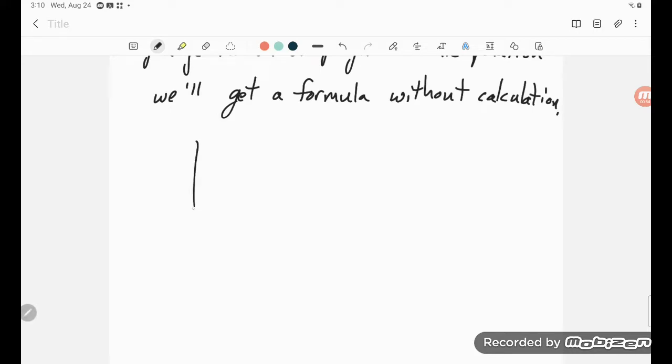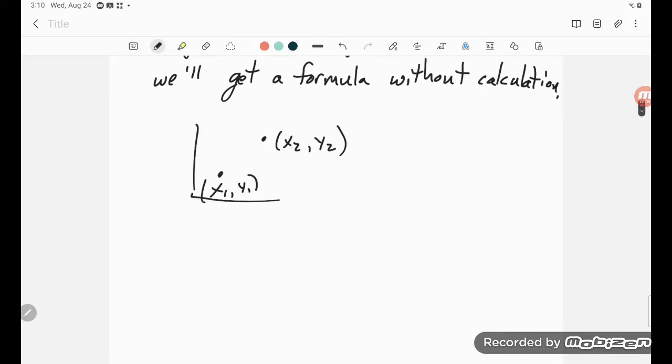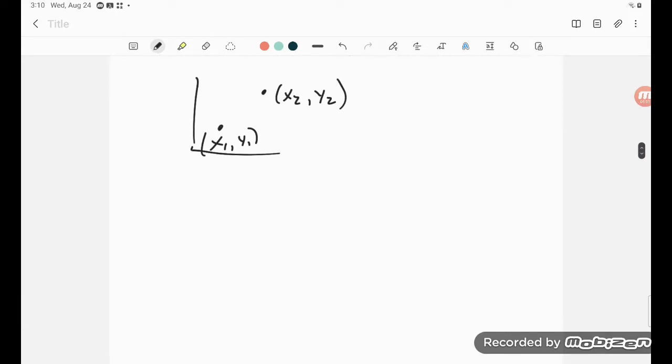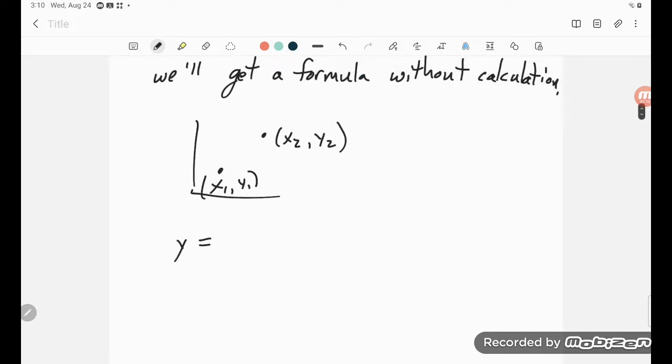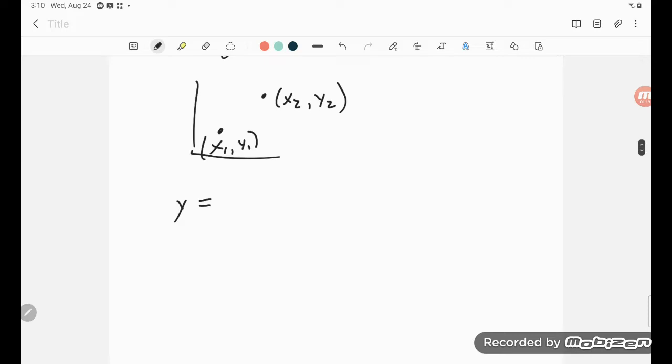So let's start with 2 points, an x1, y1, x2, y2. And we want to find that straight line between them. Well, the basic method is simply that we're going to create y equals, and for each point, we're going to make a very nifty fraction such that the fraction evaluates to the correct point.